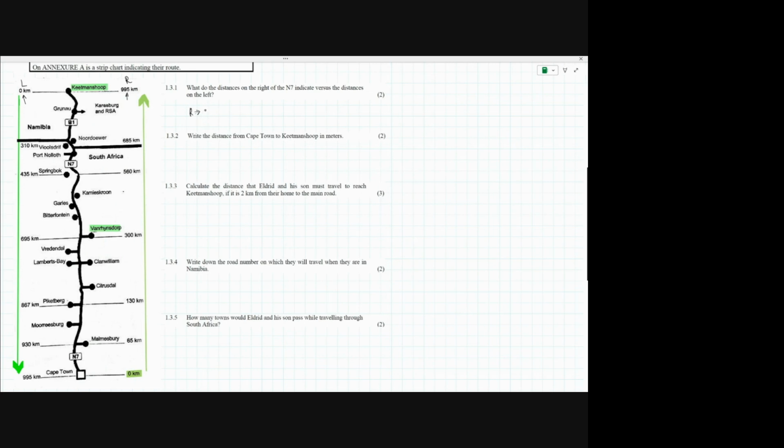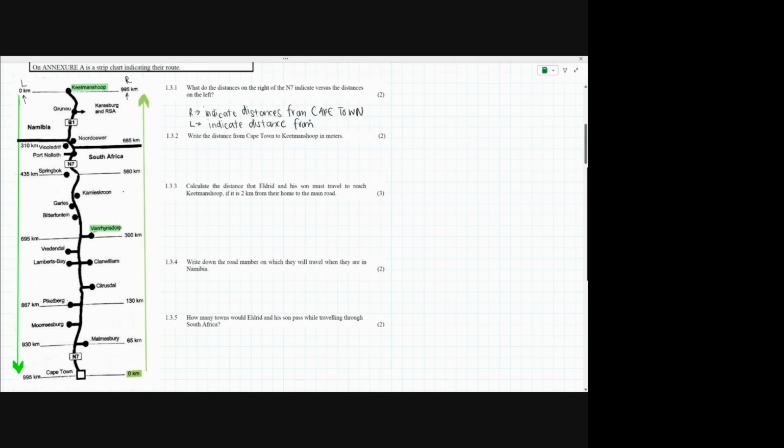So the distances on the right indicate our distances traveling from Cape Town. Whereas the distances on the left indicate our distances from Keetmanshoop, or you could say to Cape Town.